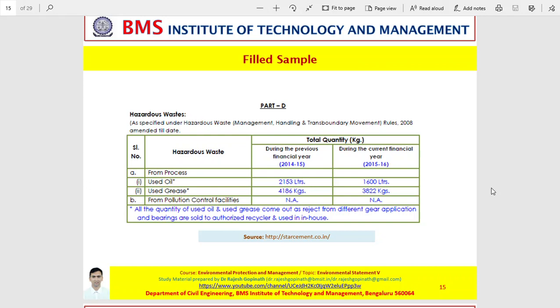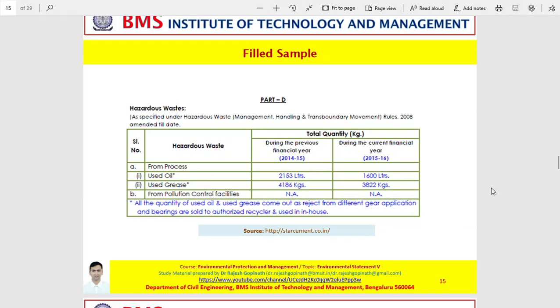It could be the used oil or the used grease. So this is one advantage. When you understand the pattern of consumption and the pattern of production, the industry or the industrialist or the occupier gets an opportunity to self-assess, self-decide where he or she stands. Let's move on to slide 16.